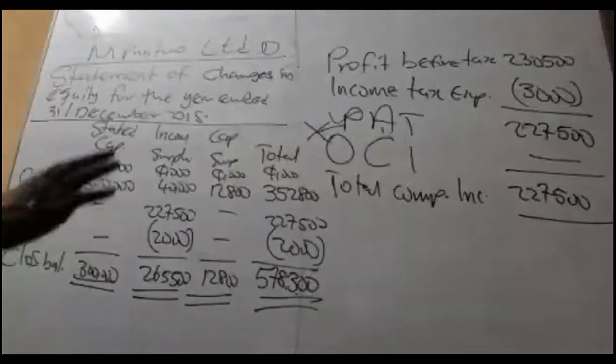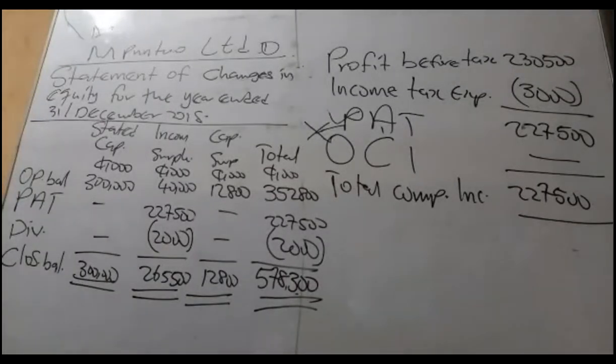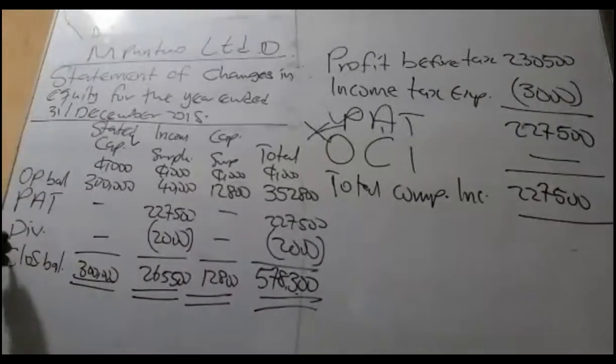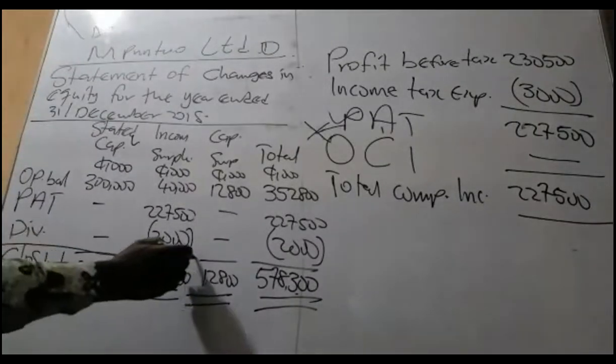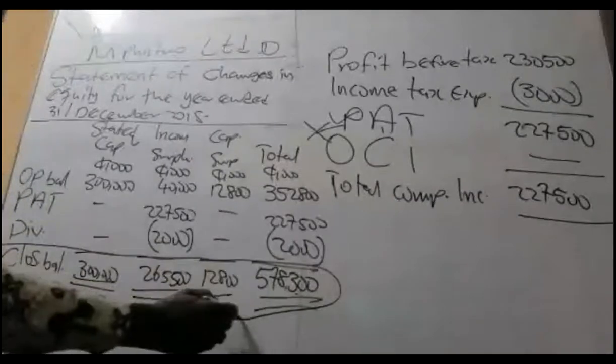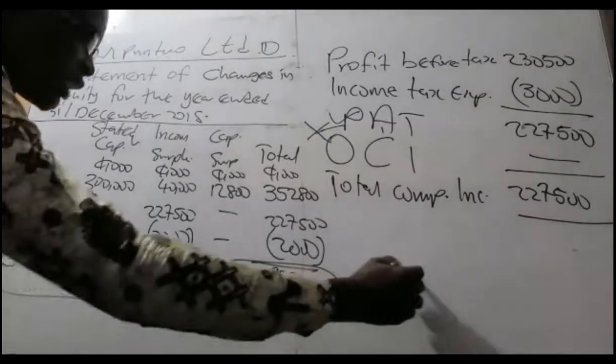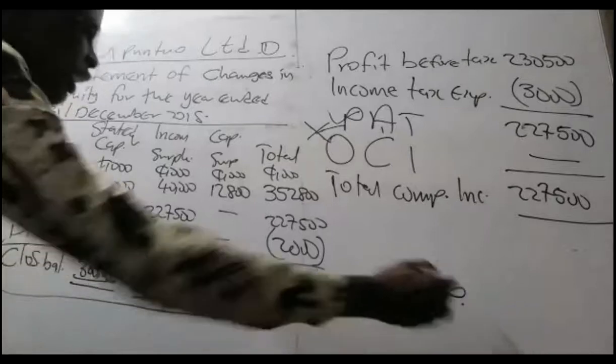So that's the end of the changes in equity. When we go to the financial position and we need stated capital, we have to pick this figure. All these closing balances are going to the statement of financial position.